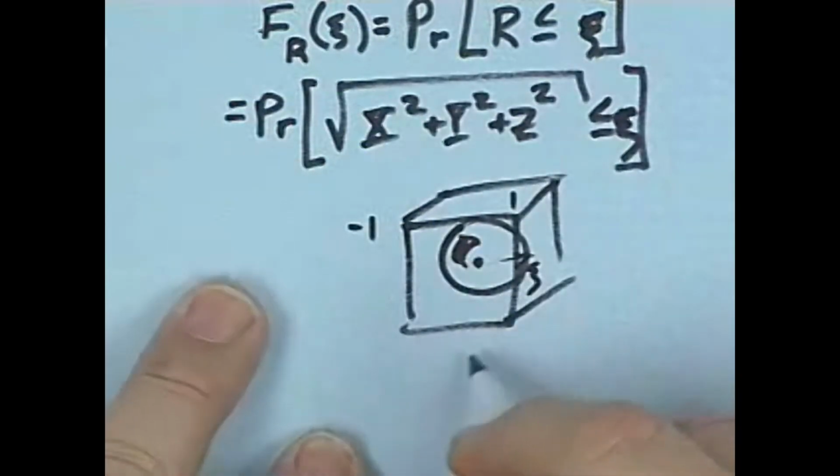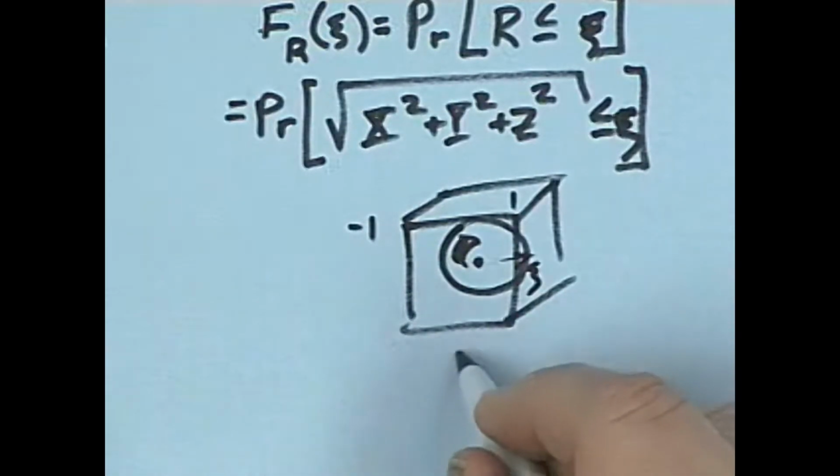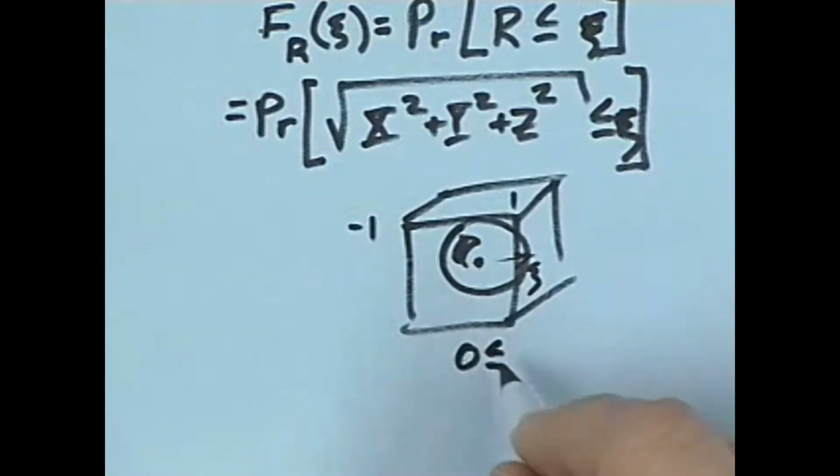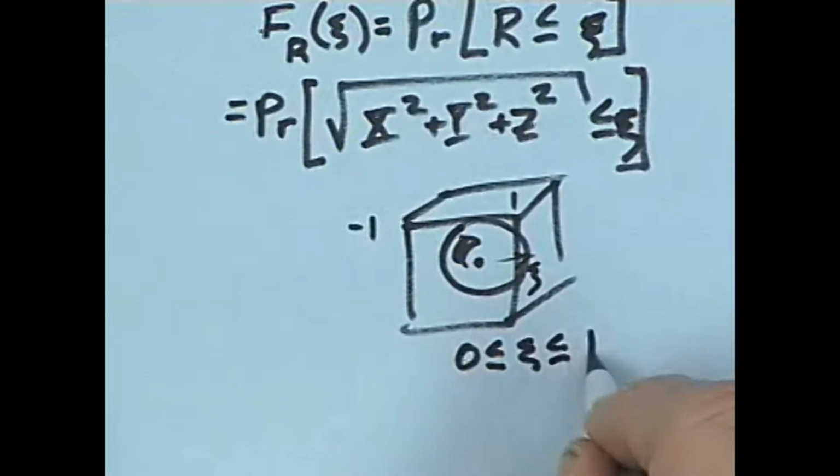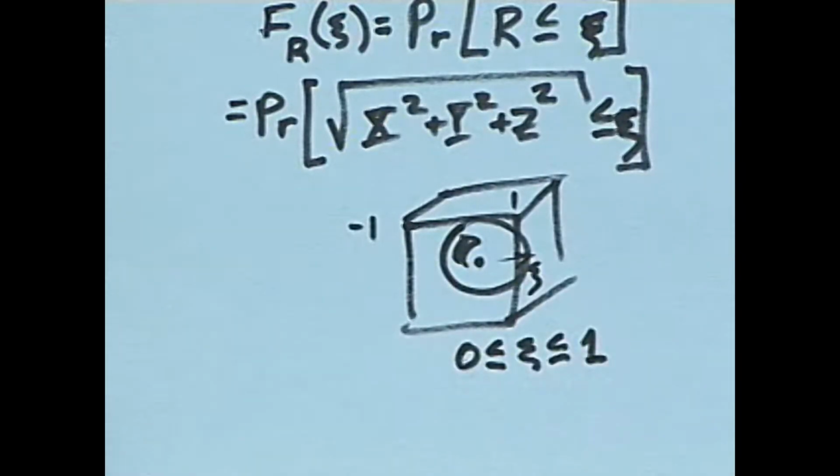Now you notice I only ask you specifically to find this over the interval from C equal to 0 to 1. Can you see why from the geometry I would ask that? Because over that interval, that sphere is totally inside the box. If C got a little bit bigger, the sphere would start peeking outside the box and the integration would get a little messy. So we just wanted to do something very, very easy.